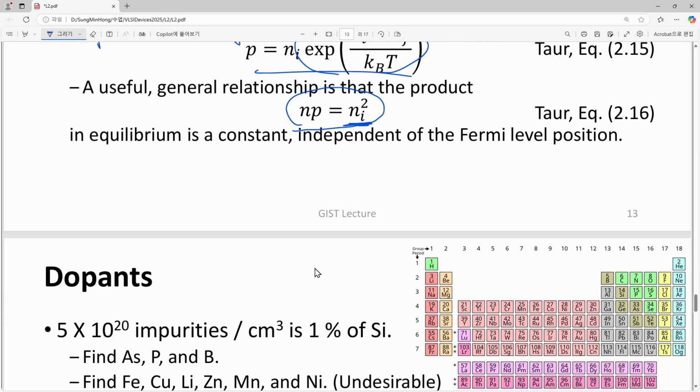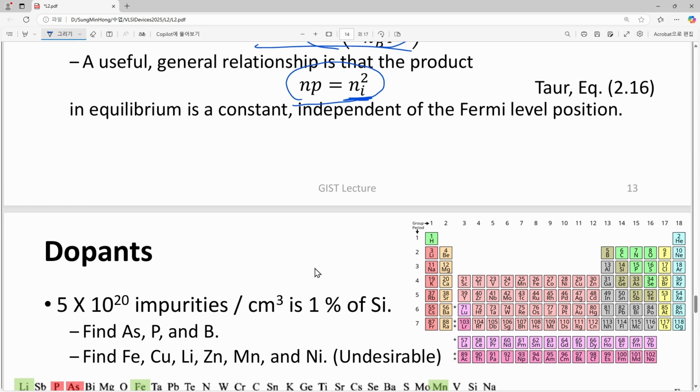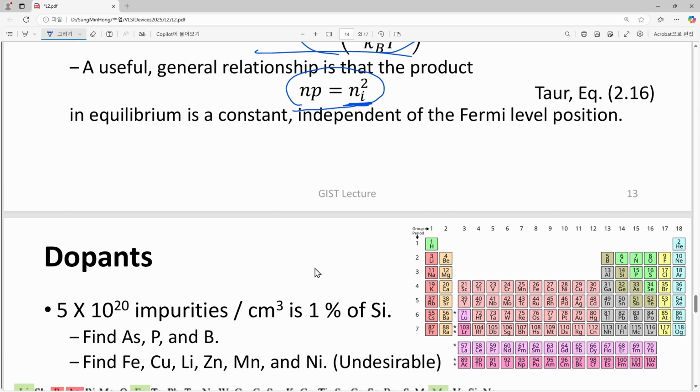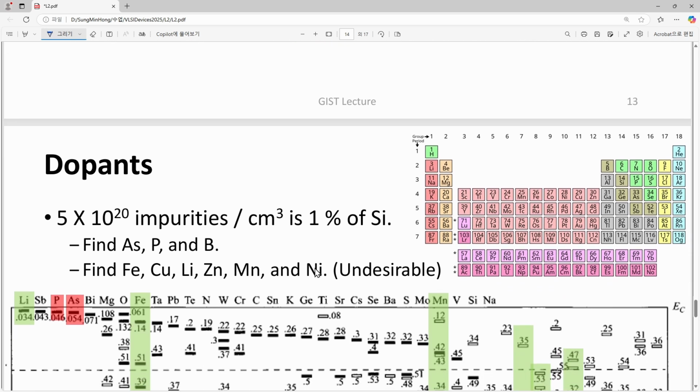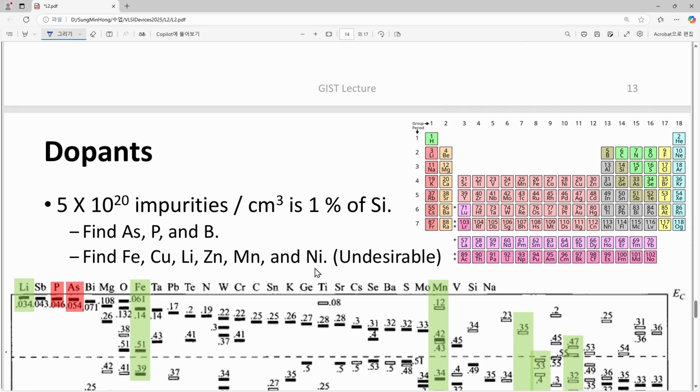Okay, up to now, I just considered the intrinsic case, but the more practically important case is the extrinsic case. Extrinsic means that we intentionally introduce certain impurity atoms, non-silicon atoms, into the silicon crystal.